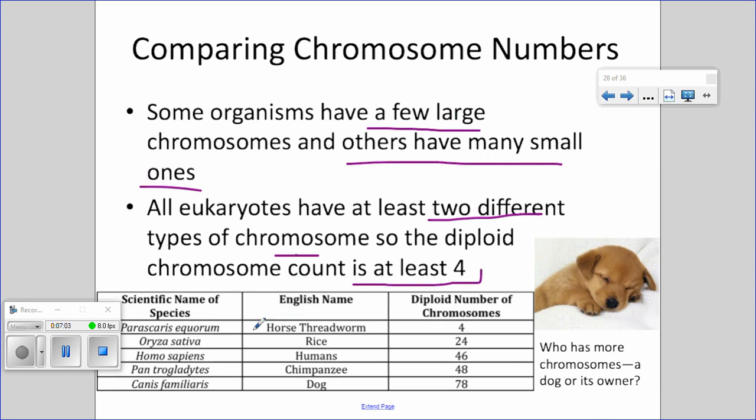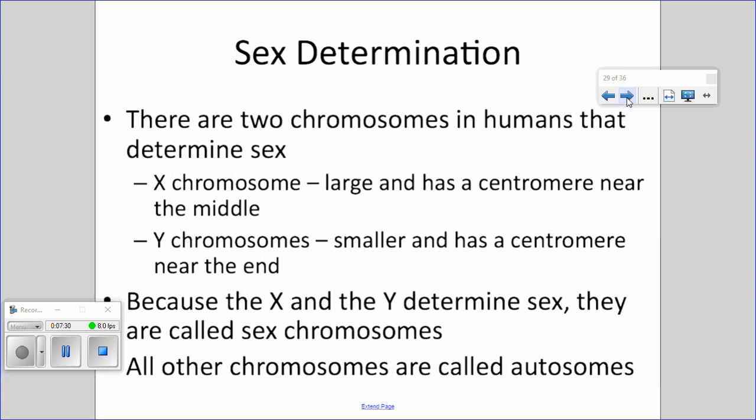If we look at this horse threadworm, it has the bare number of chromosomes required. And here you can see that chromosome numbers are always going to be even. You'll never have an odd number of chromosomes. If there should be 2 of each chromosome, then you'll always end up with an even number.